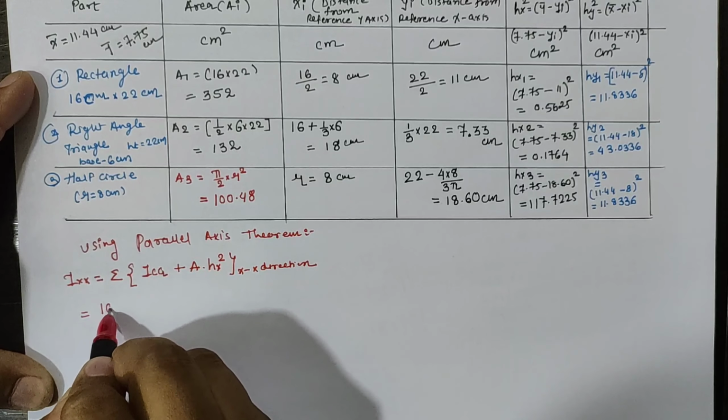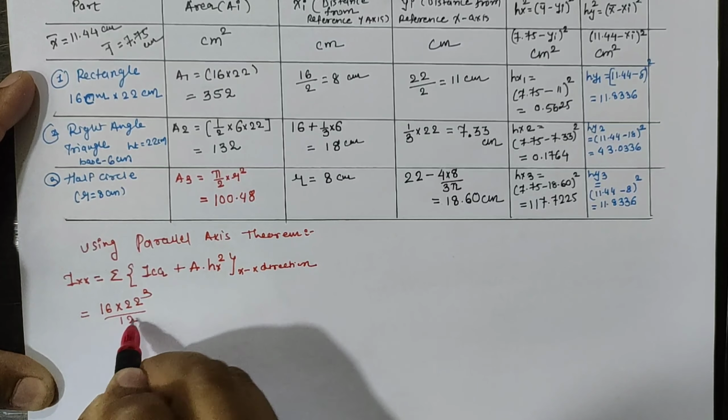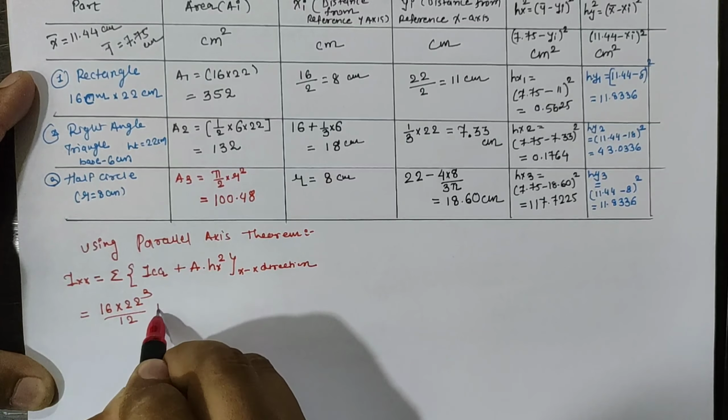It is 16 into 22 cube by 12 plus area for the first section, which is 352, and hx is 0.5625 as hx square for the first part.